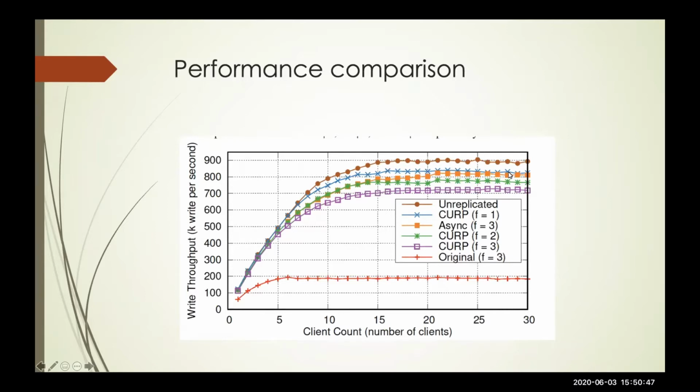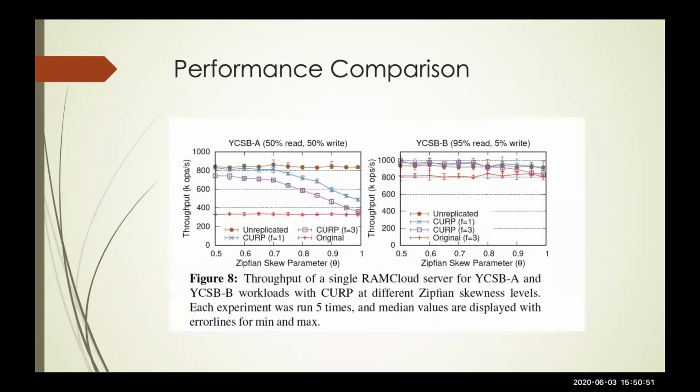The most interesting one is this one, in which case CURP faces a bottleneck. The workload is a mix of read and write, and there is a skew in the read and write. If you see here, for CURP with f equals 1, the throughput reduces as the skew is increased.